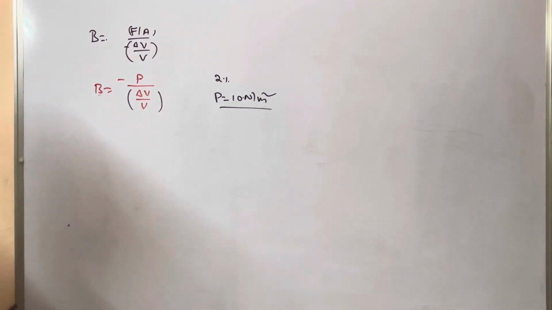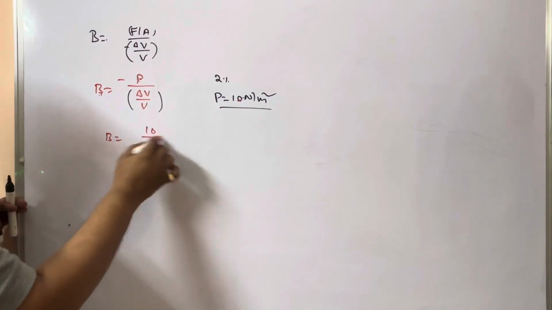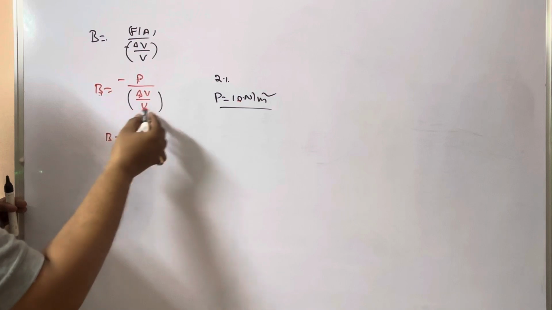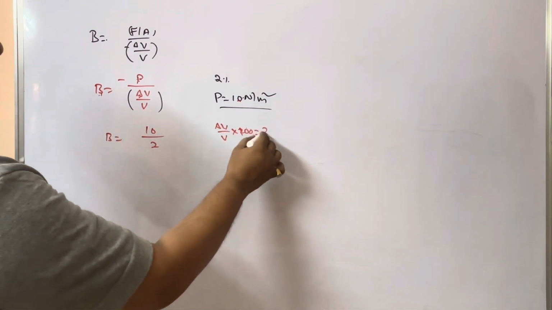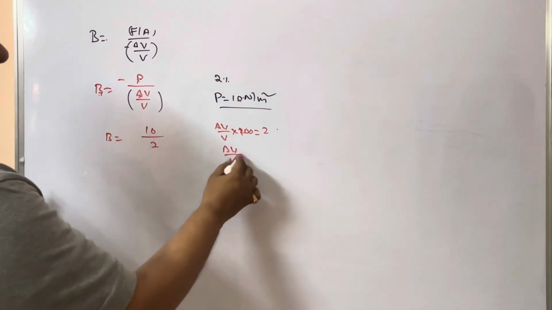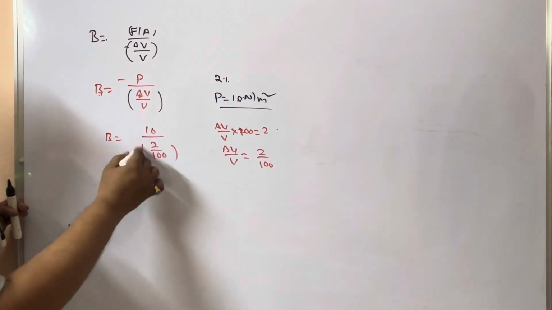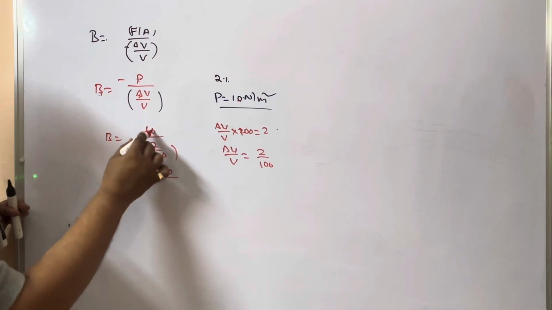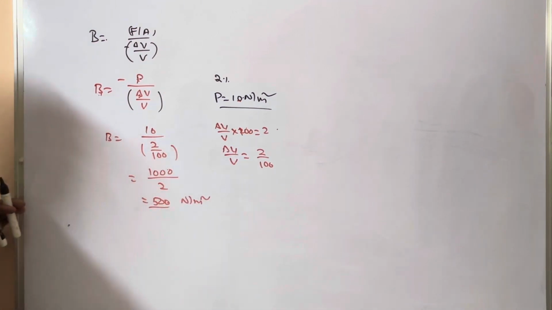They are going to ask this. So the bulk modulus is 10 divided by the fractional change in volume, 2%. Delta V by V into 100 is 2%, so delta V by V is 2 by 100. If you replace this, we get 1000 by 2, so 500 newton per meter square.